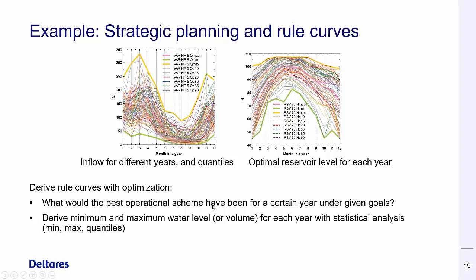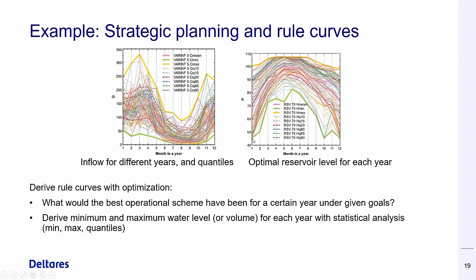What would have been the best operational scheme for a certain year under the given goals? We have done that for, I think, 87 years in this example, and then with some simple statistical analysis, min, max and quantiles, we can derive minimum and maximum water levels, or volumes in this case.